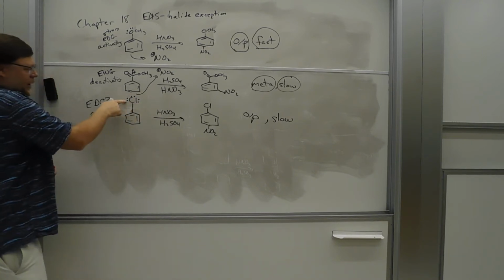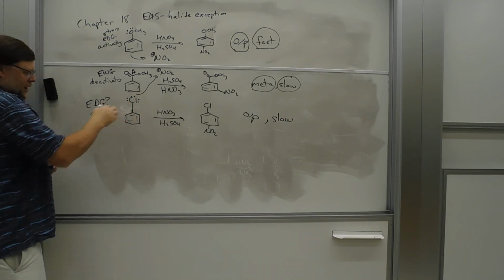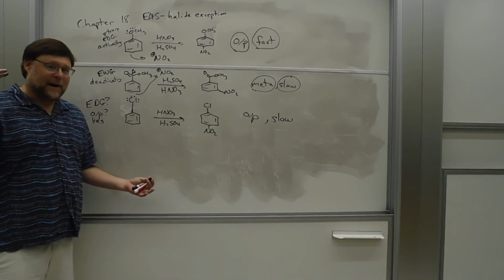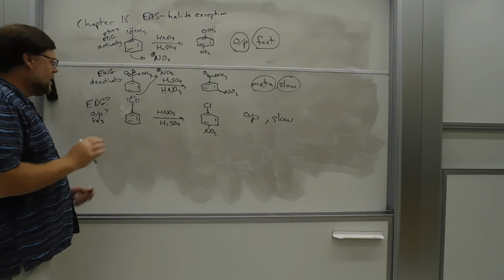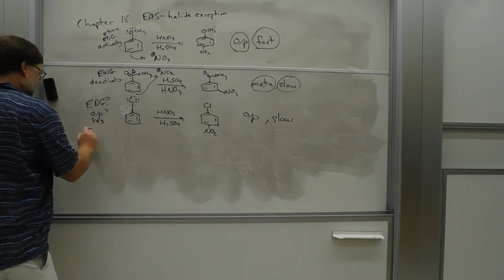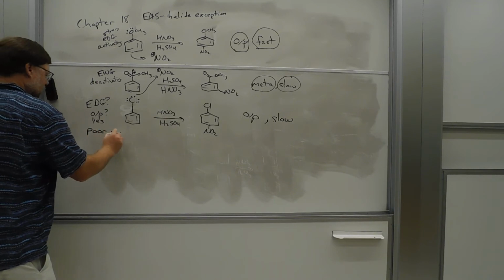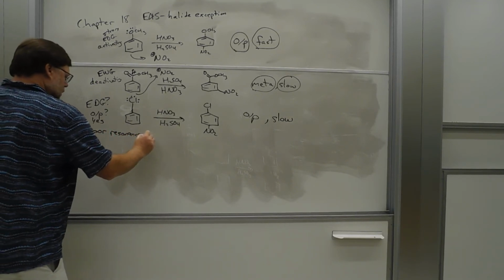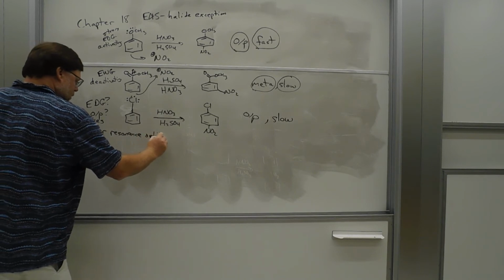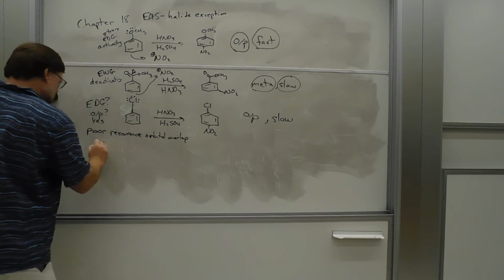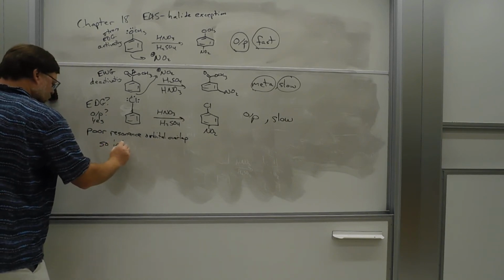And the orbital that the lone pair on chlorine is in is bigger than the pi orbitals in the benzene. So they don't overlap as much. All right, so there's poor orbital overlap. So induction is more important.